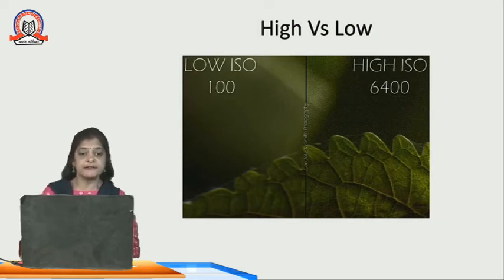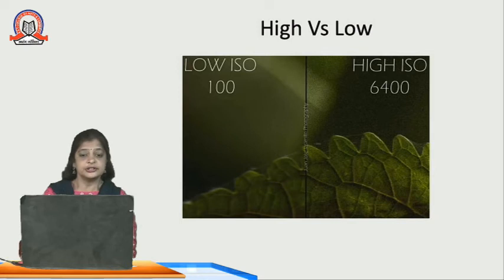See, the left side picture is low ISO and the right side picture is 6400 ISO. The low ISO gives you a clean and clear picture, and the high ISO picture is a little grainy. We find little dots on the right side picture.